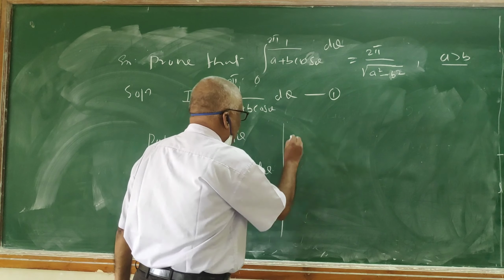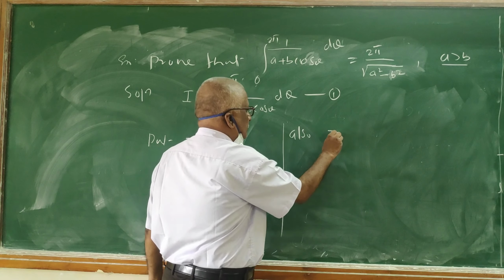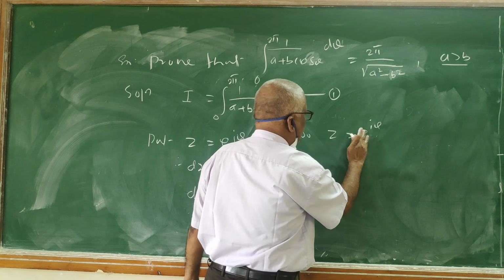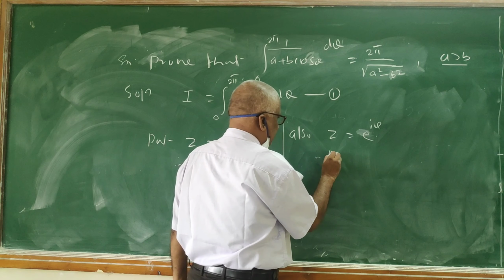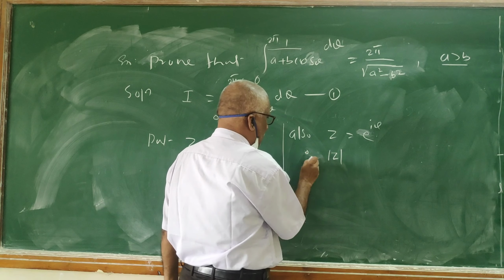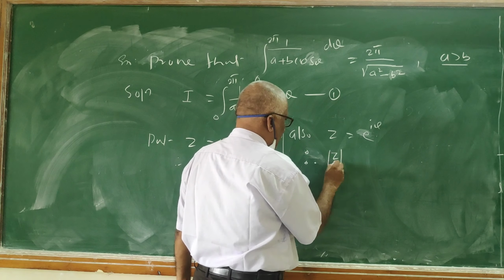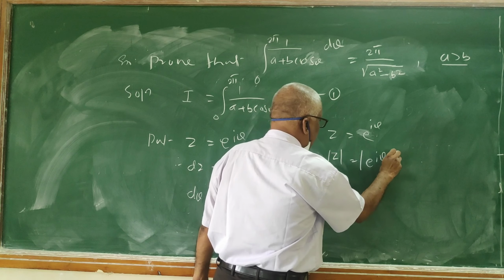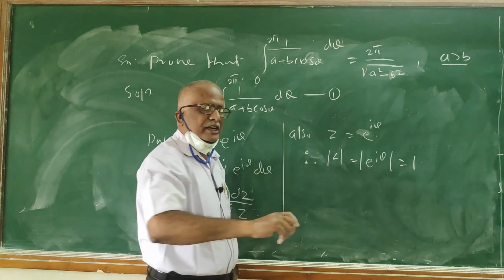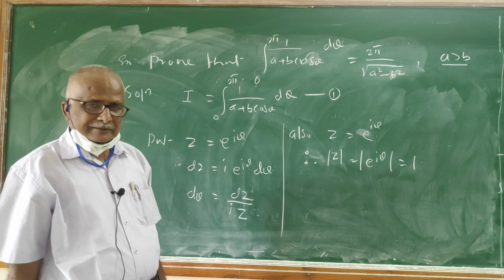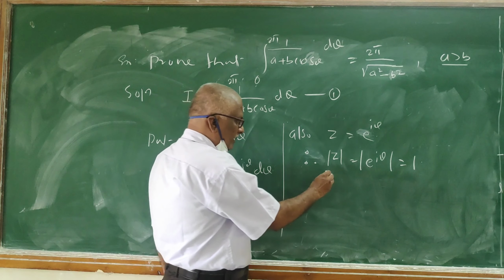Next, z equal to e raised to i theta. Take modulus on both sides. Therefore mod z is equal to mod e raised to i theta, which is equal to 1, since mod e raised to i theta is always 1. So mod z equal to 1.